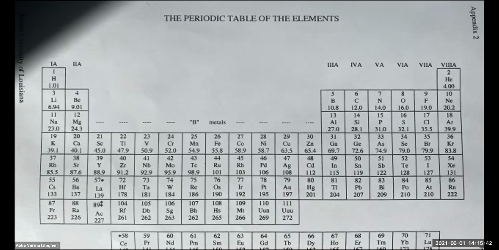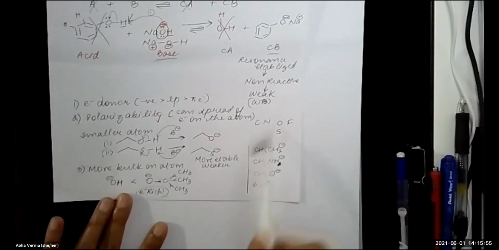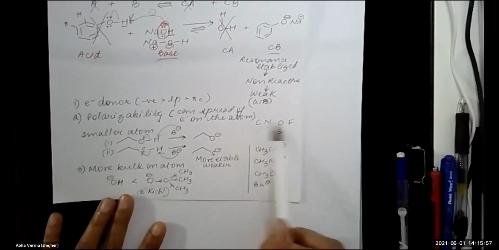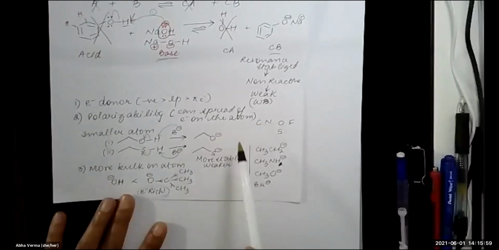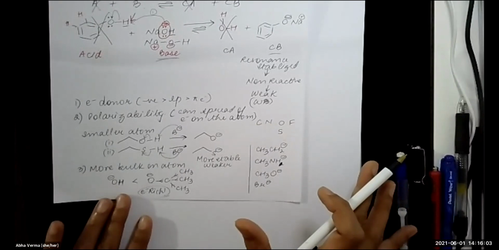So if you look back at our periodic table, carbon, nitrogen, oxygen are in the same row, and so their sizes are very similar.